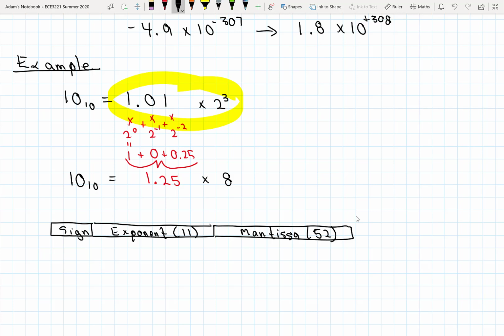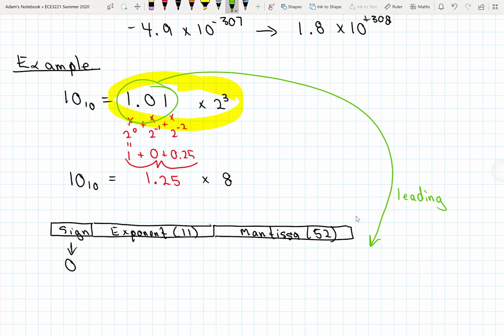Okay, well, the sign in this particular case is a 0 because it's positive. The mantissa, remember that the leading 1 here is not needed.